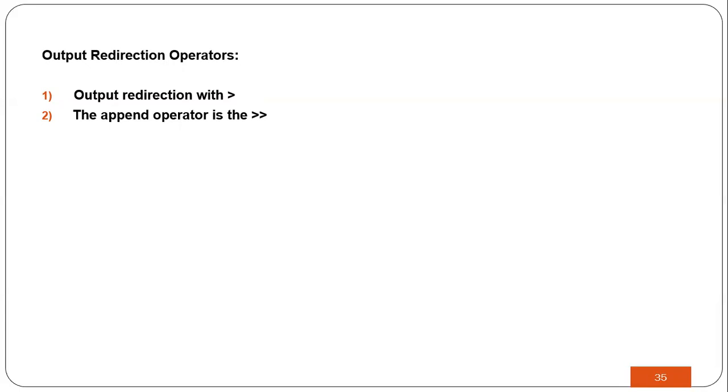This is also an output redirection operator, which is used if you want to append the output of a command or any script to a file which already has data. We will see with examples how to use these operators. So let's go to the practical.